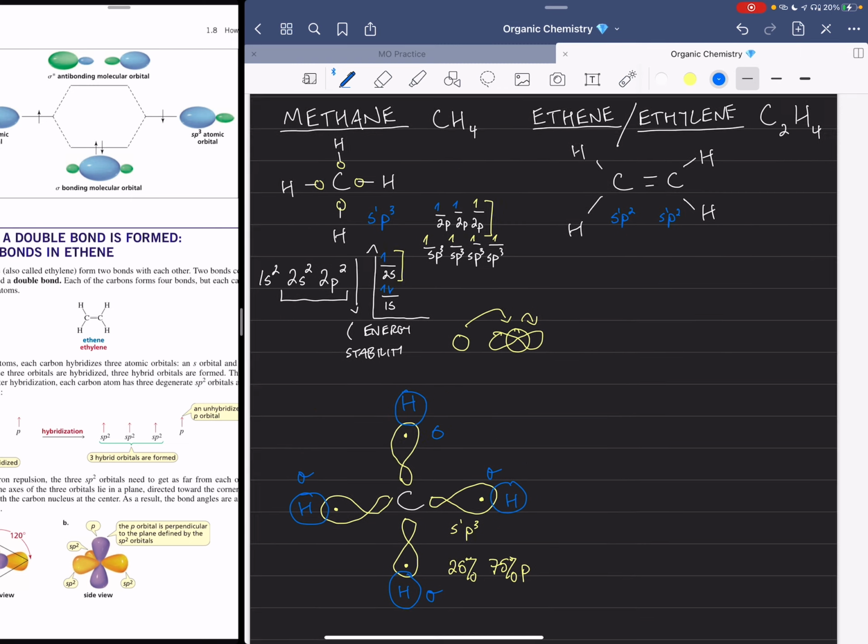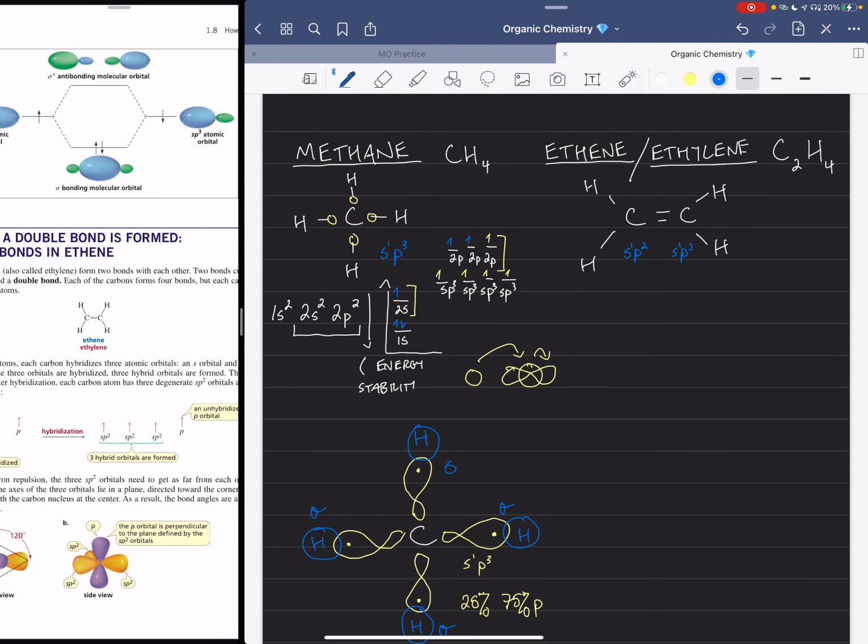And what happens here is with an sp2 is that your carbon has the same thing. But what happens is that there is a p orbital that is unhybridized.